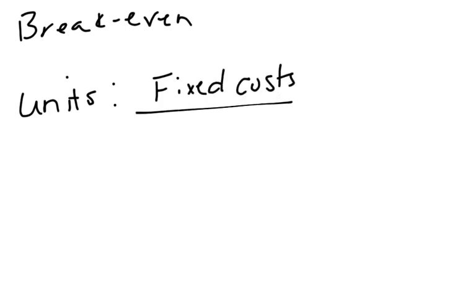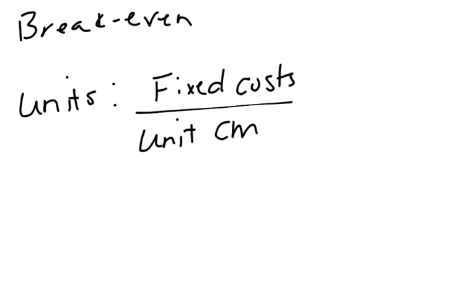Let's first talk about if I want to know my break even in units. To do that, what I need to do is get my fixed costs and divide it by my unit contribution margin. Again, if I've separated my costs out like you do for a manufacturer, where you separate all your variable costs and your fixed costs, then I want to know how much it takes just to cover the fixed costs. So this is what this is telling me.